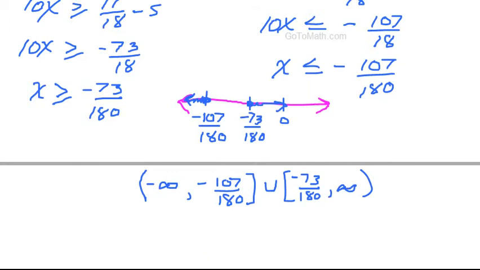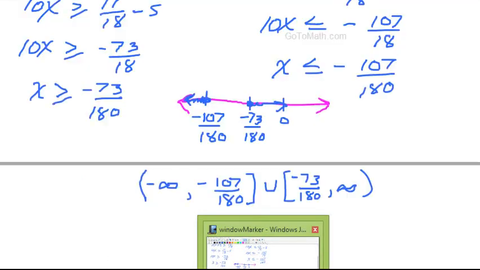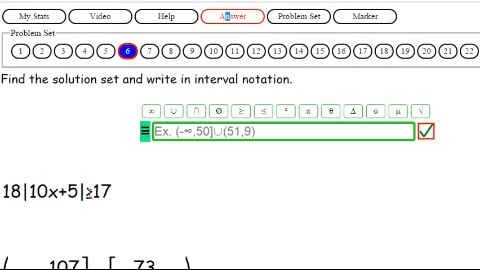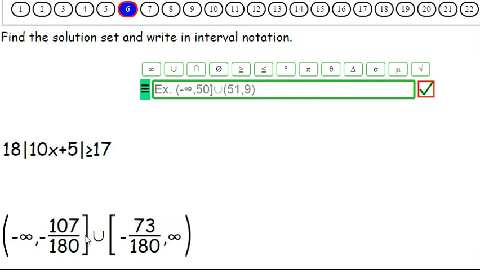Okay, so anyway, negative 107 over 180 union negative 73 over 180. Yeah, looks good. Well, maybe I should scroll up so you can see it. Okay. Alright, of course you can always get some values and test that out. Make sure that's all good.